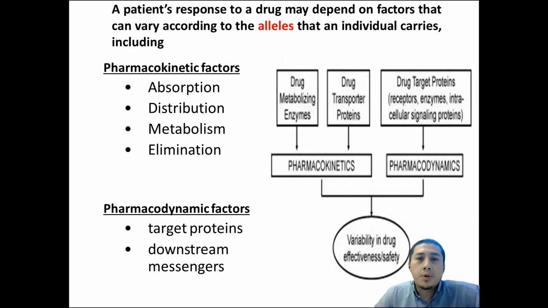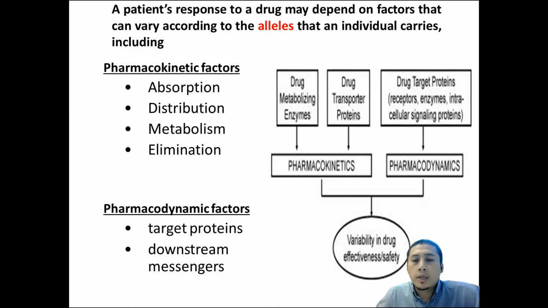A patient's response to a drug may depend on factors that vary according to the alleles that an individual carries, including pharmacokinetic factors, which you already know, ADME: absorption, distribution, metabolism, and elimination, and also pharmacodynamic factors, the target proteins and downstream messengers.